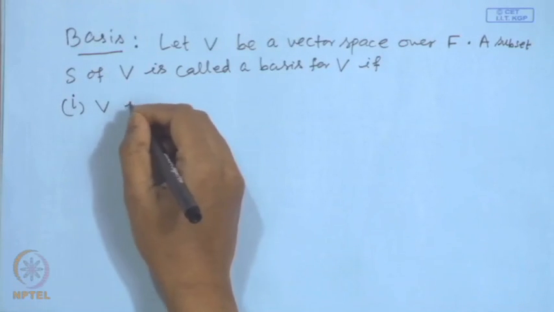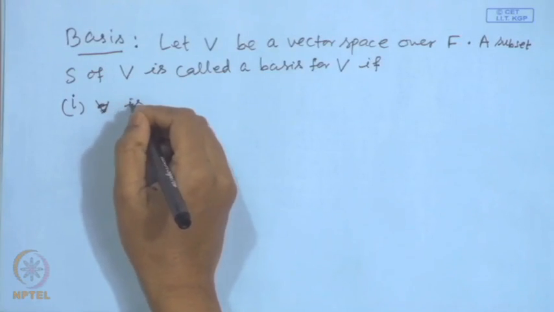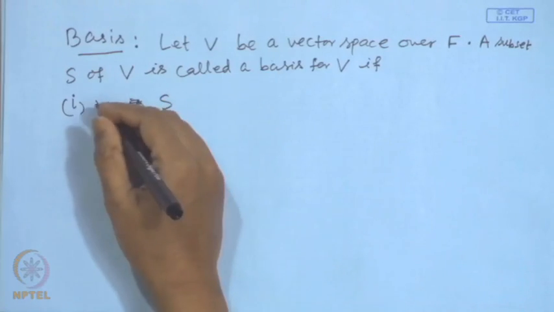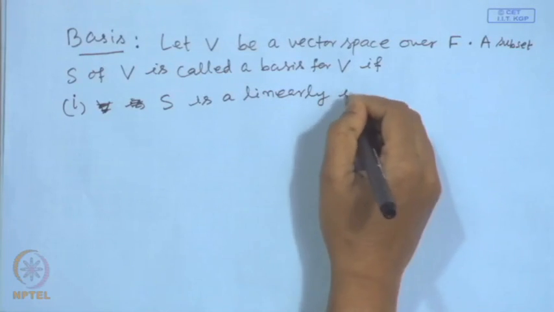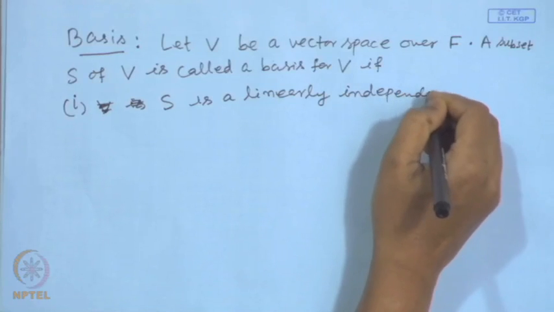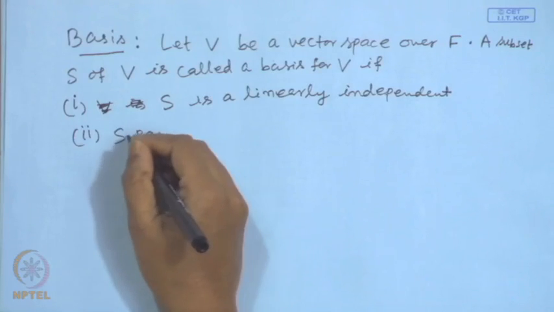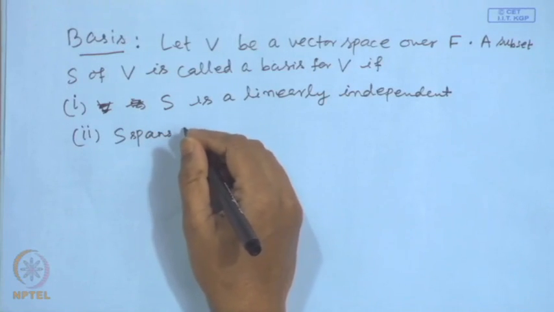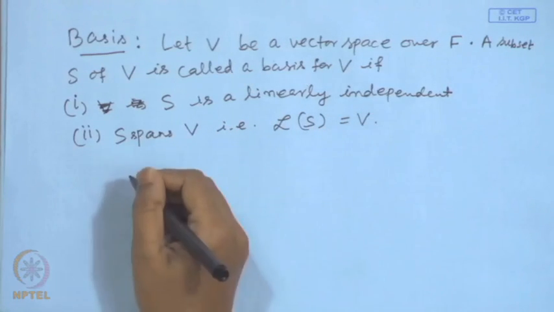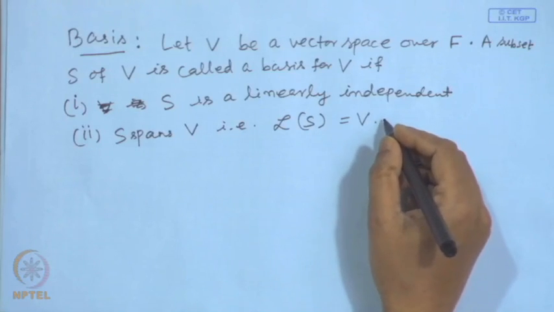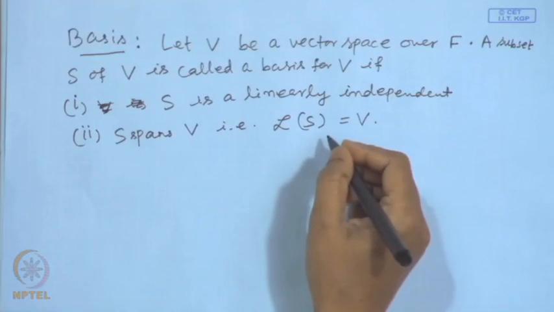First, this S is a linearly independent set, and second, S spans V, that is L of S is equal to V. In other words, every element of V can be expressed as a finite linear combination of elements in S.